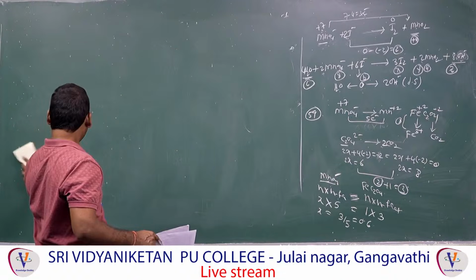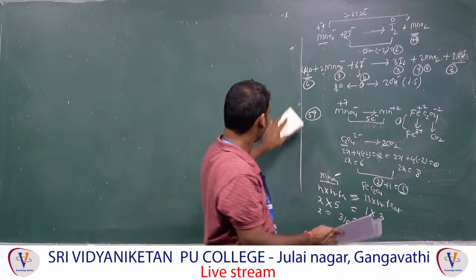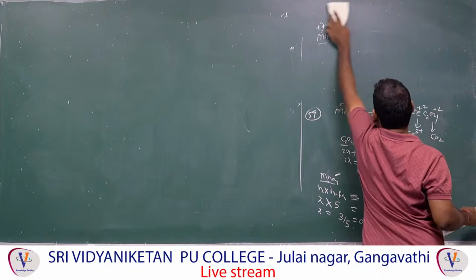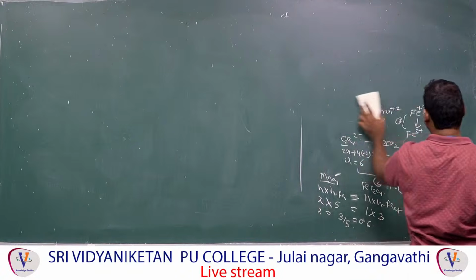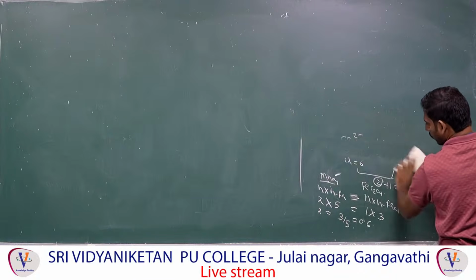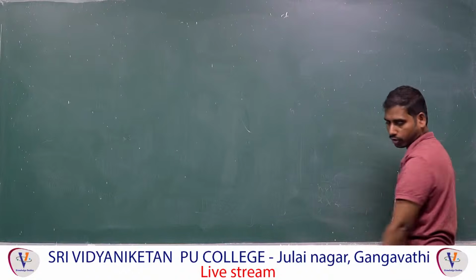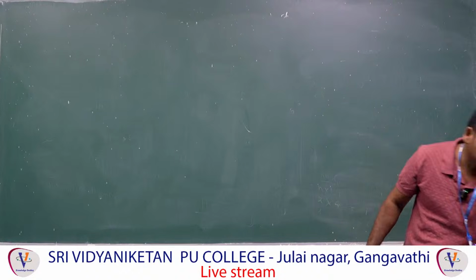Disproportionation reaction. Here is an important point: how to identify a disproportionation reaction? Observe clearly. For any compound or any element to undergo disproportionation, it requires a minimum of 3 oxidation states. If you know the 3 oxidation states, then automatically you will get the answer.